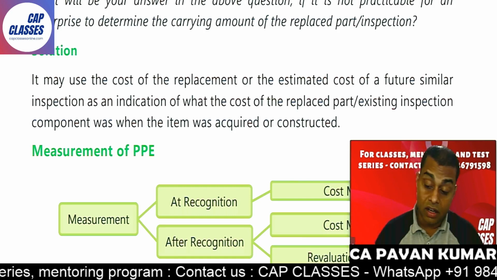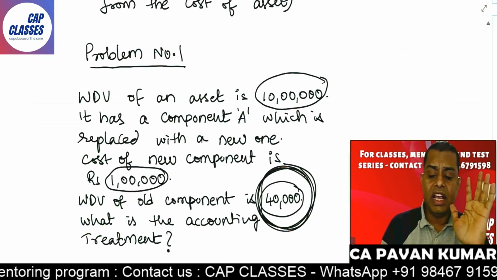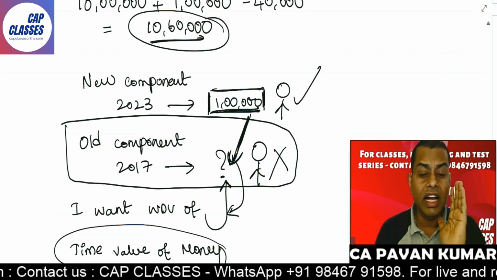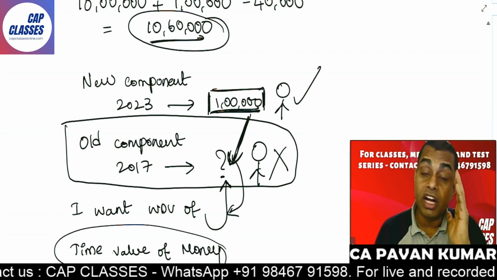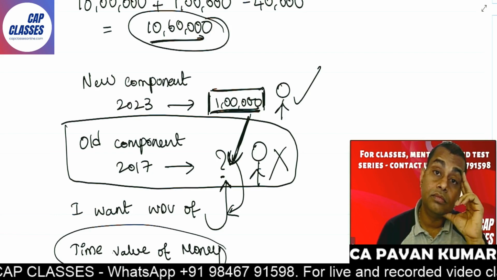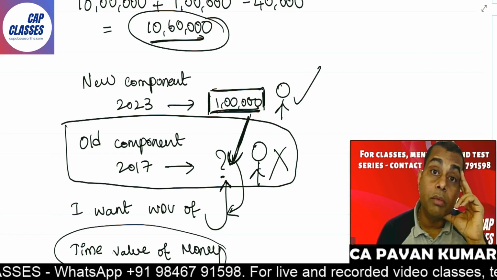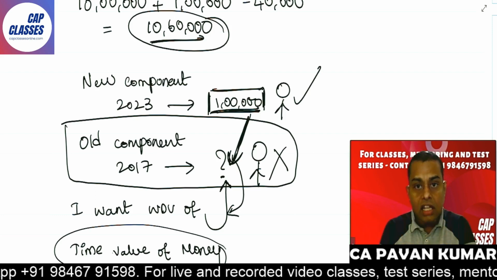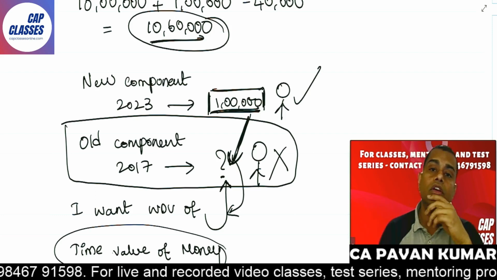Oh my God. Trust me, if this example is not there on the board, it will be practically impossible for a student to understand what they are saying. Pawan sir, what is the answer for question number 2 and 3? ICAI has given you illustration, ICAI has given you answer also, but the answer is also, student cannot understand.